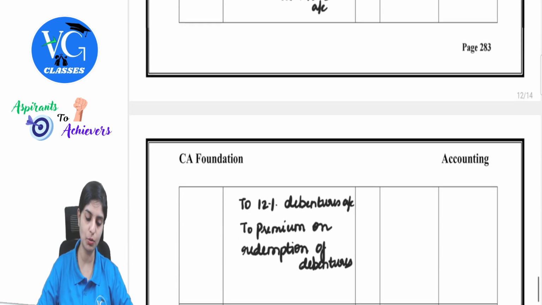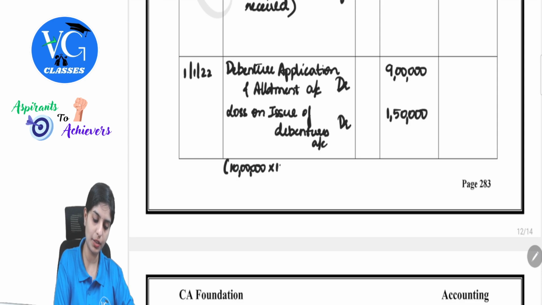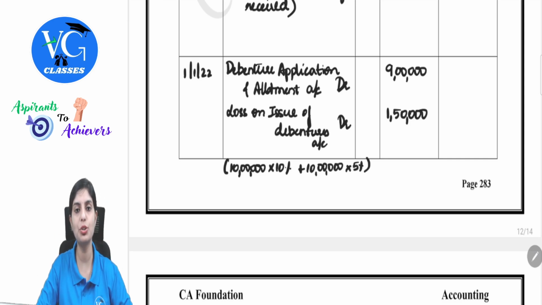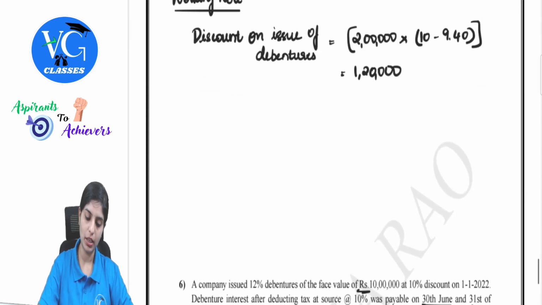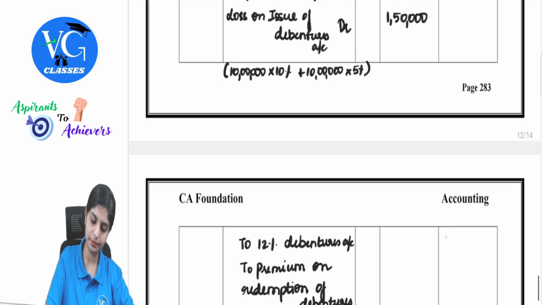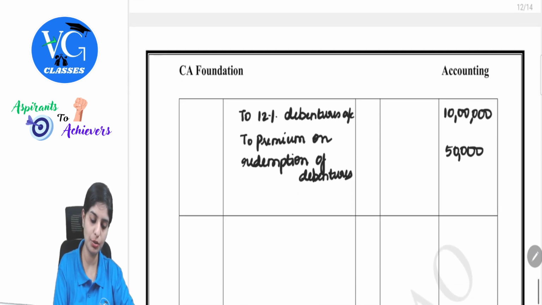So 1 lakh 50,000. How did I get this? 10 lakh into 10% plus 10 lakh into 5%, because both need to be shown together. So 12% debentures will be 10 lakh, and premium on redemption 50,000, which is 10 lakh into 5%. Is this understood?